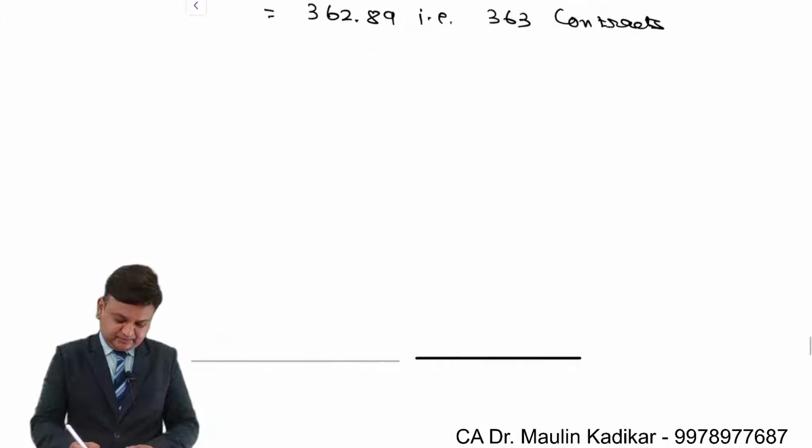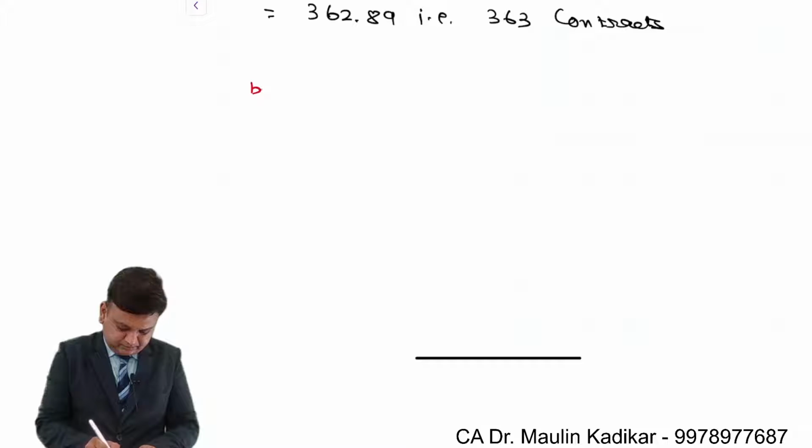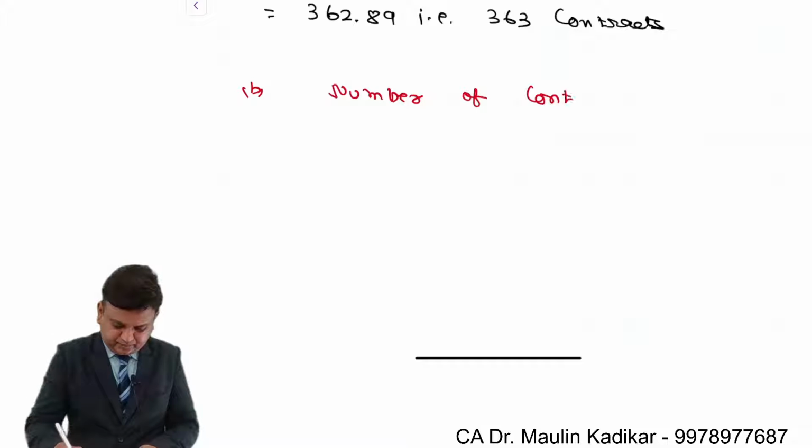Answer for the B question. Number of contracts to be purchased.